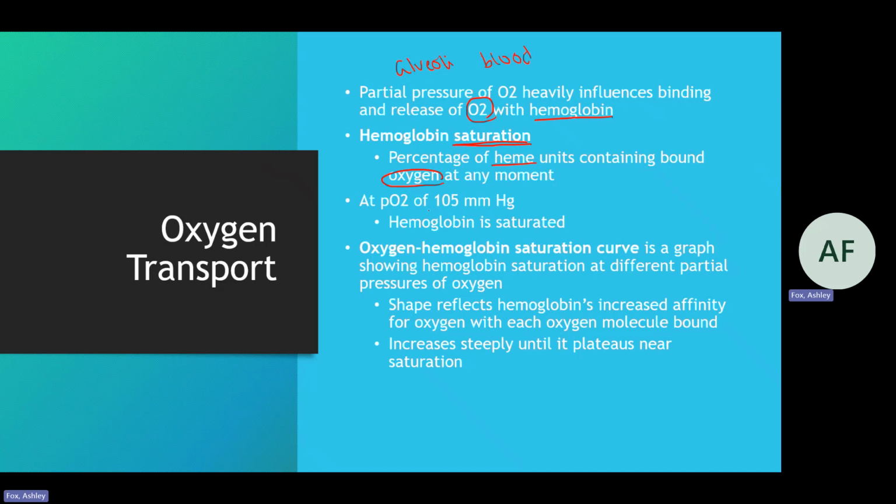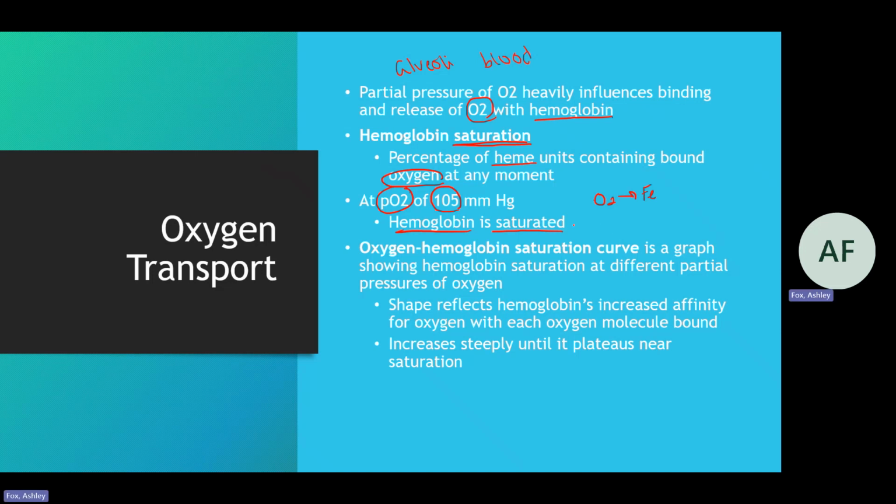So if we look at it, when we have a partial pressure of 105 millimeters of mercury, we say hemoglobin is saturated. That means there is an oxygen that will attach to every iron atom that's in that heme pigment on the hemoglobin.